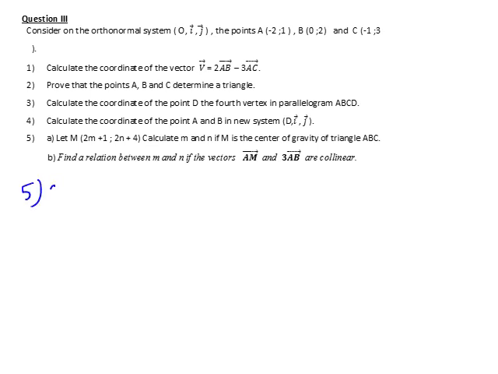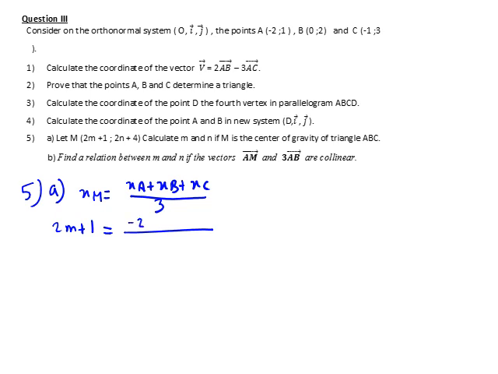5. A. The center of gravity of ABC. So XM equals XA plus XB plus XC over 3. XM is 2M plus 1, which equals XA is minus 2, XB is 0, XC is minus 1, over 3.